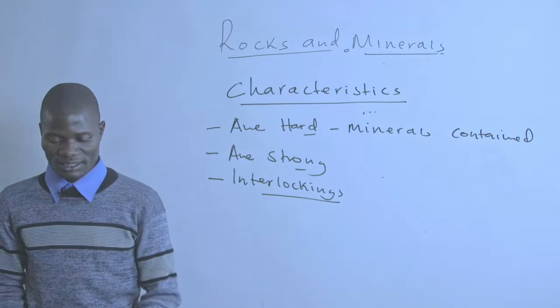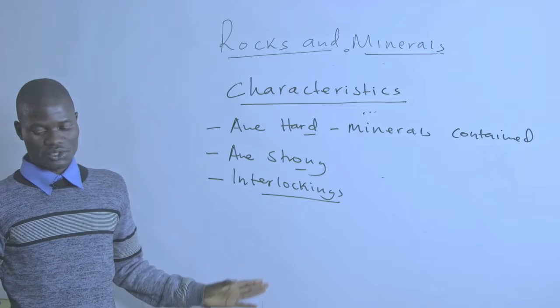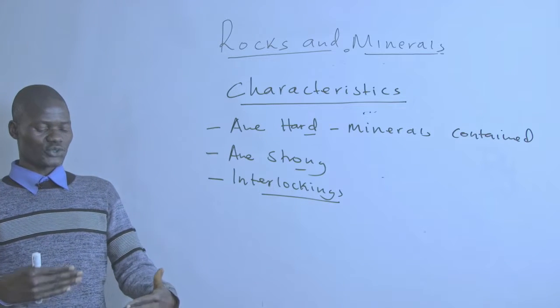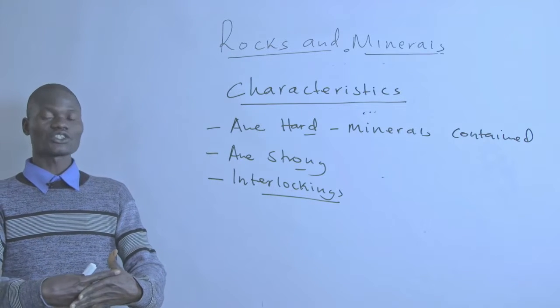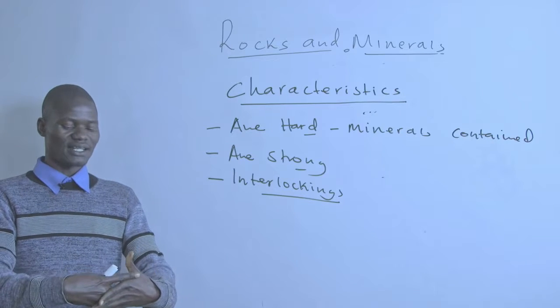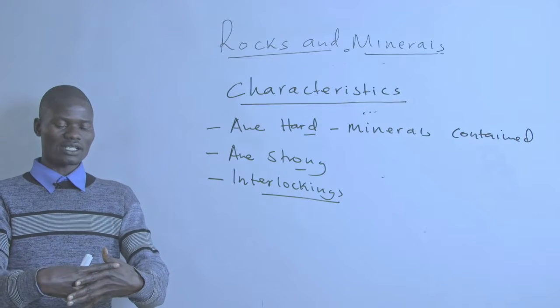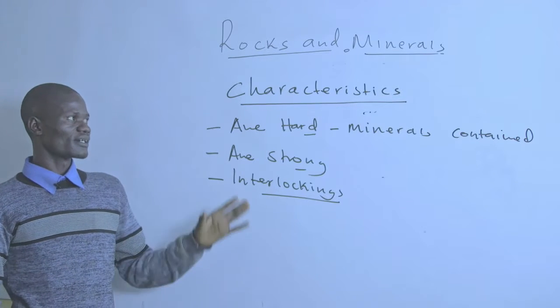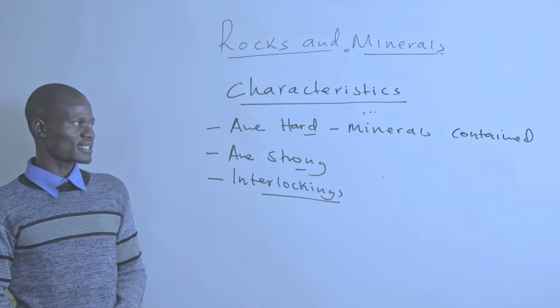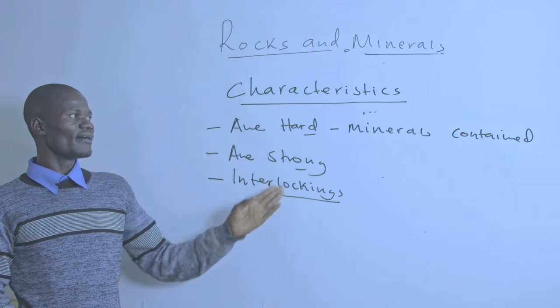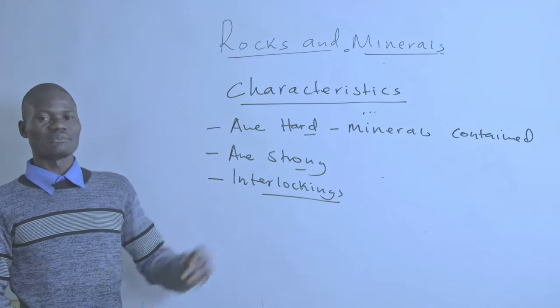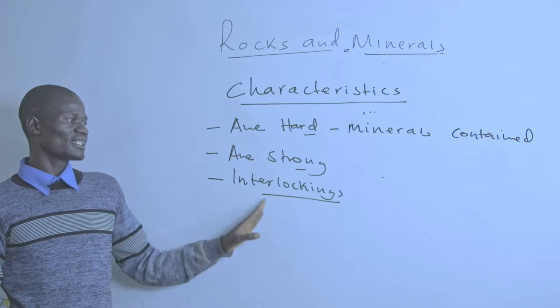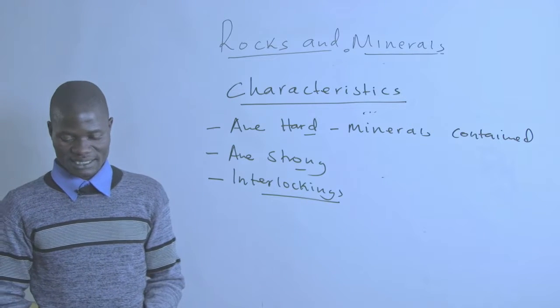The interlocking crystals are those crystals which have grown into each other, and therefore they lock each other. As they grow, they become stronger, giving the characteristic of being strong and very hard, because of the minerals contained in them, and they have an interlocking characteristic.